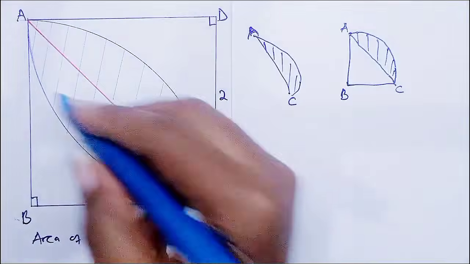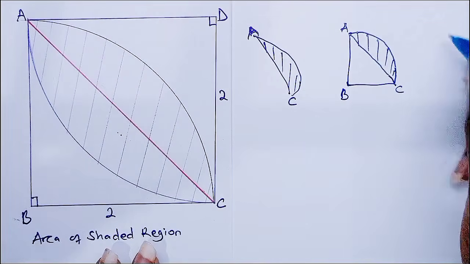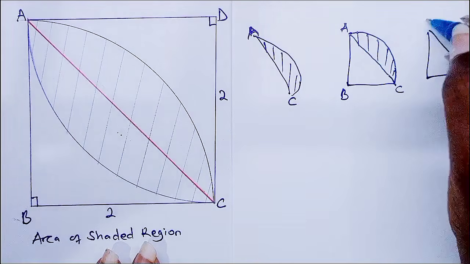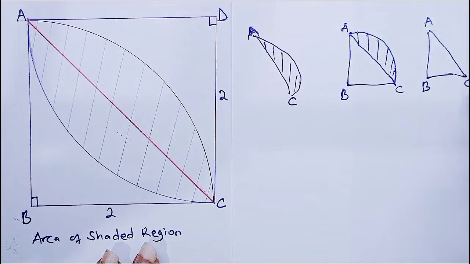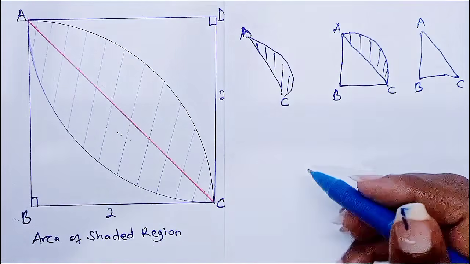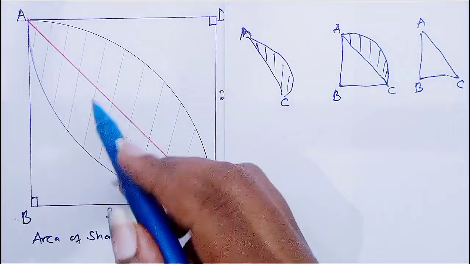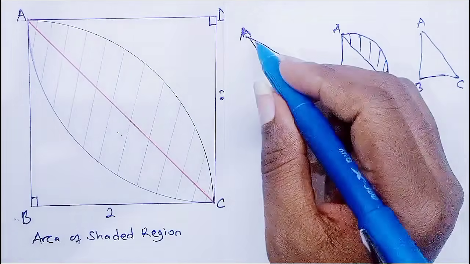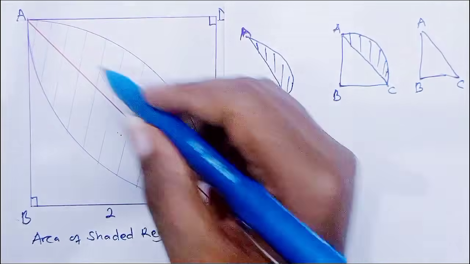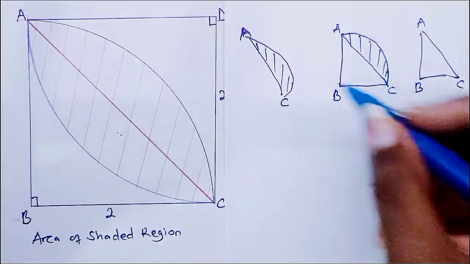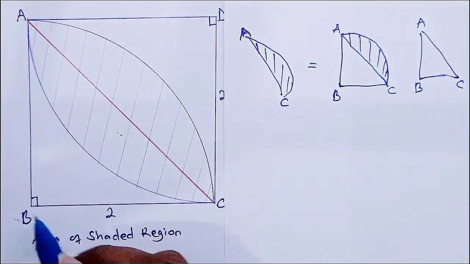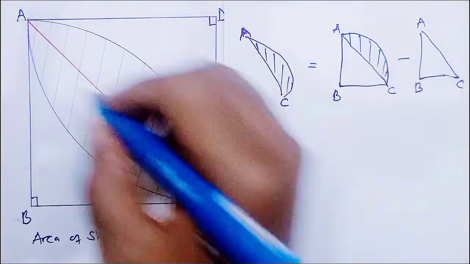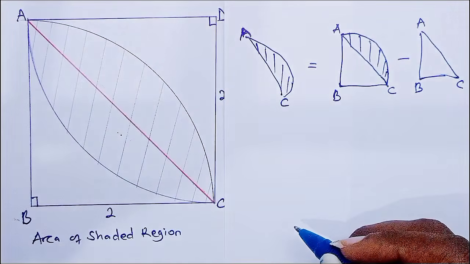Also, we're going to look at the triangle formed. Okay, this is A, this is B, and this is C. Now, from this, we can see that to find the area of this part of the shaded region, it will be equal to the area of this here minus the area of the triangle.